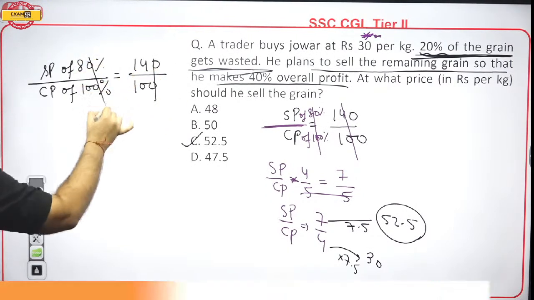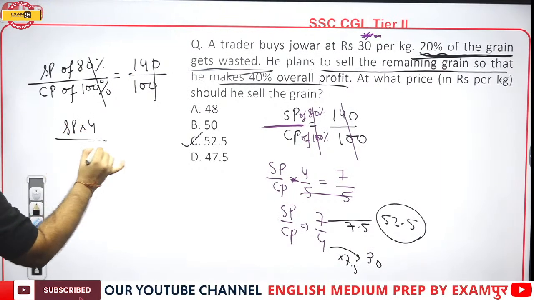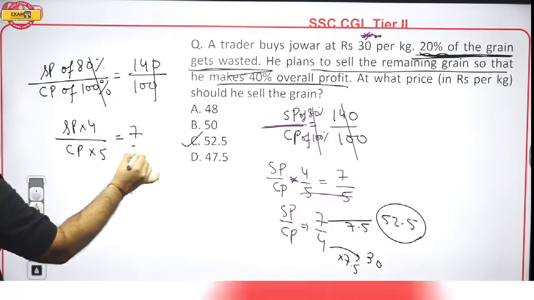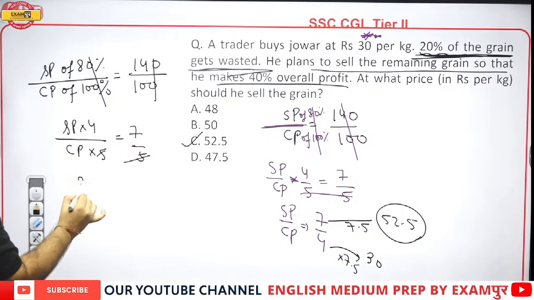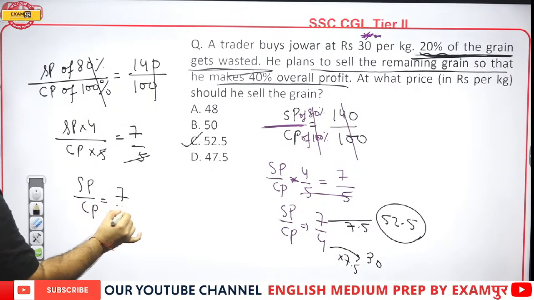So SP into 4 over CP into 5 is equal to 7 by 5. So SP over CP is in the ratio 7:4.